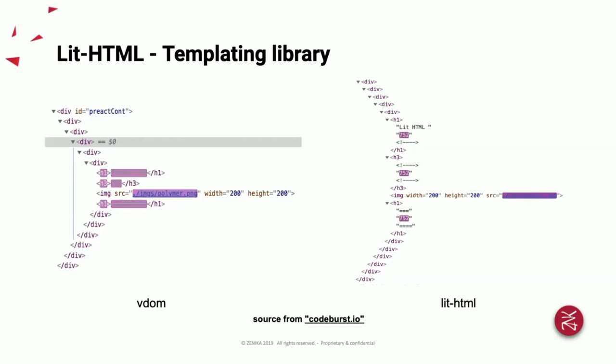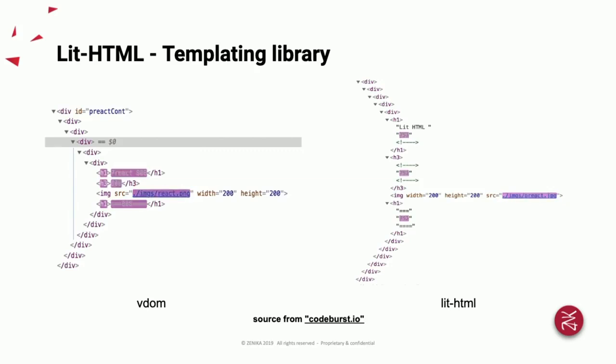If we take a look at the H1 element, the whole node is being re-rendered, while in lit-html, only the dynamic text, which those numbers represent, is changing. Thank you to Codeverse for the image.